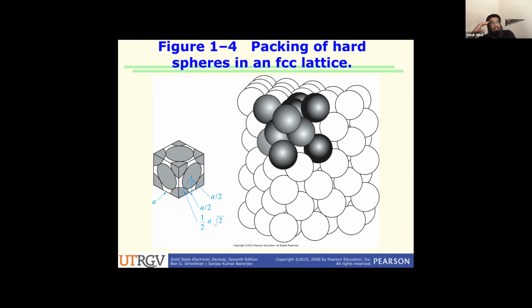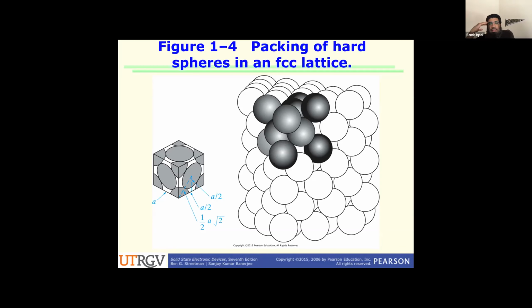And if it's a BCC, or if it's FCC, what was FCC? Does somebody remember what was FCC? I talked about simple cubic. Does anybody remember what was FCC? Face-centered cubic. All right, in which every face has one atom.